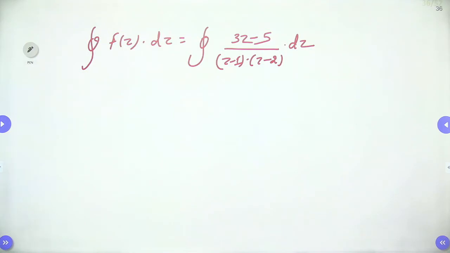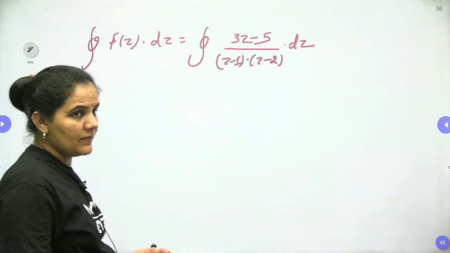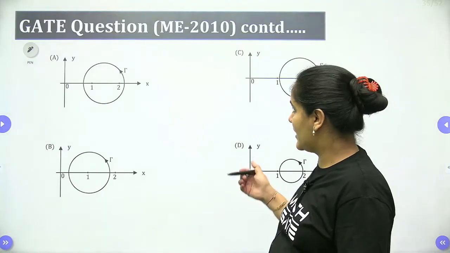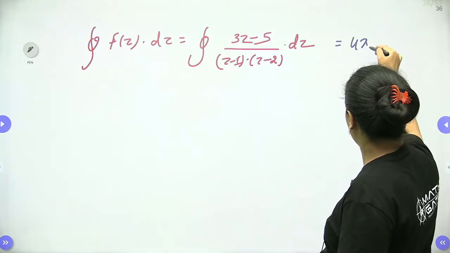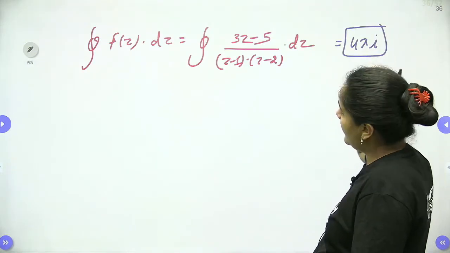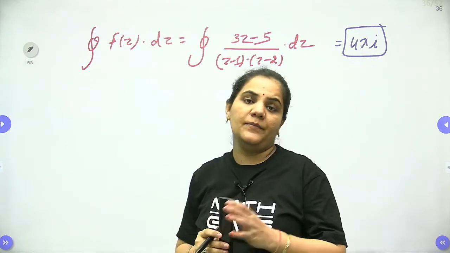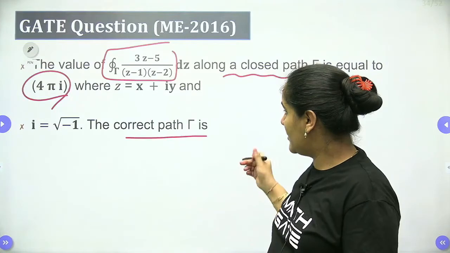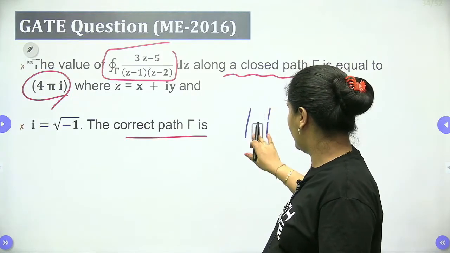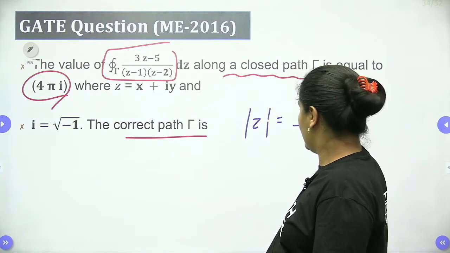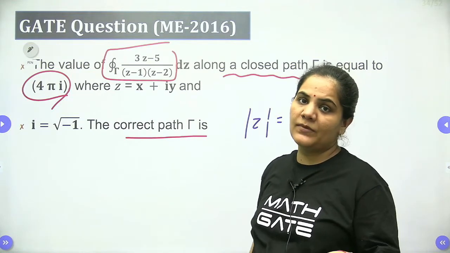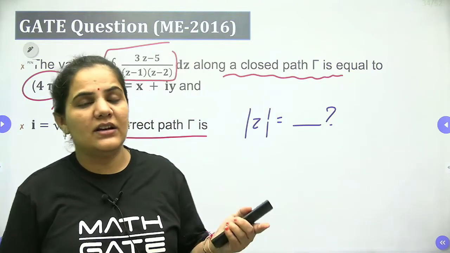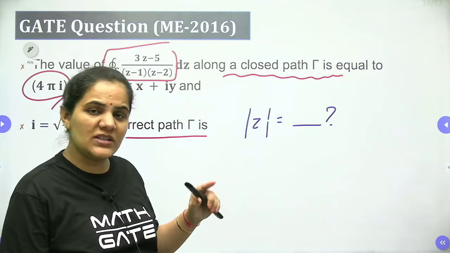If you want to go with Cauchy's integral formula, we know very well the given result is equal to 4 pi iota. Now, the path is not given, the closed curve is not given. So we can assume here, and we can further prove our assumption is correct also.